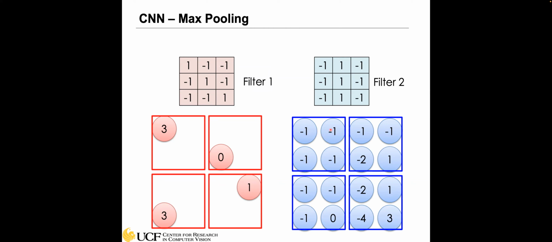In this case, because all the values are the same, the average is -1, and the maximum is also -1. Maybe this example is better: the maximum is 3, and this one will be kept. If we take the average, you end up with the value of 2 in this window, which is not any original value from this feature map, just the average.